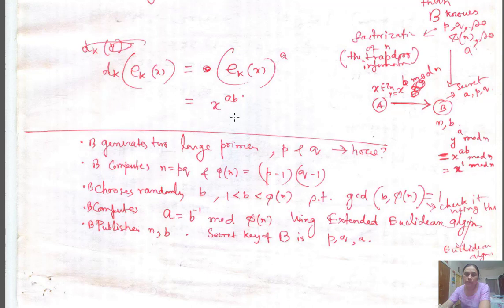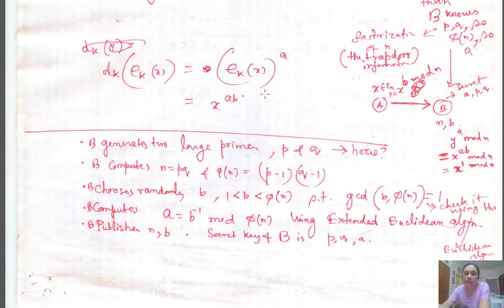So ab equals 1 plus some constant k times phi n. If you substitute this, you get x to the power 1 plus k phi n. Now you can write it as x times x to the power phi n, raised to the power k.